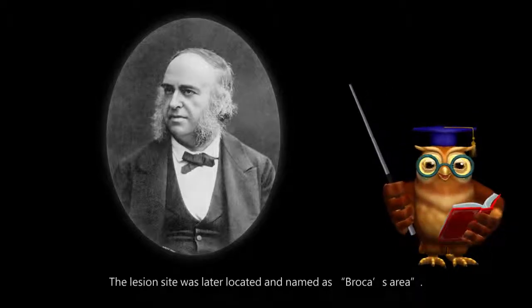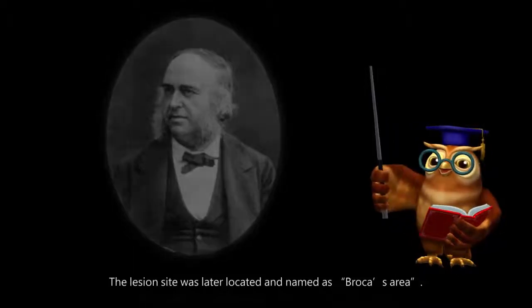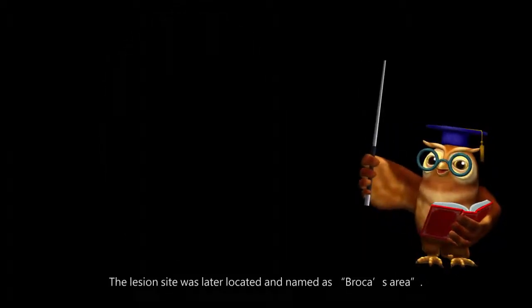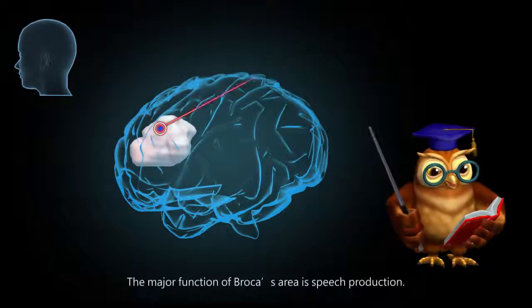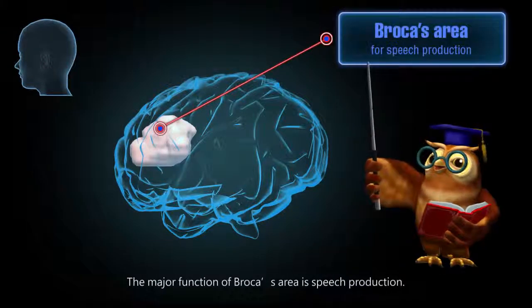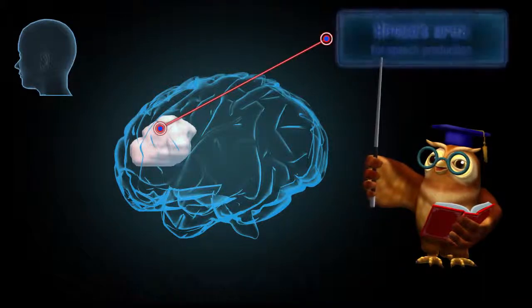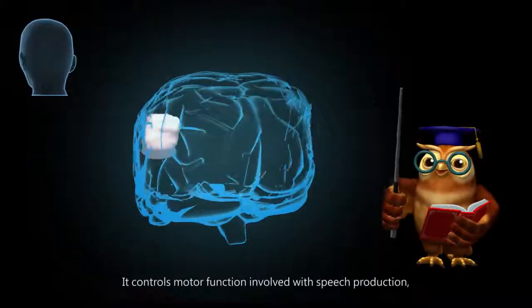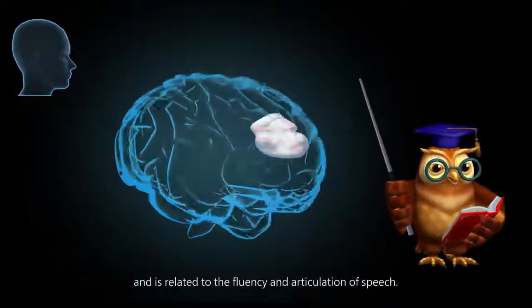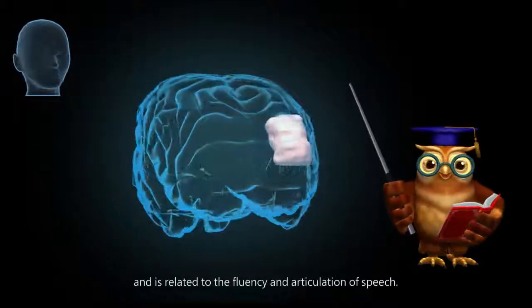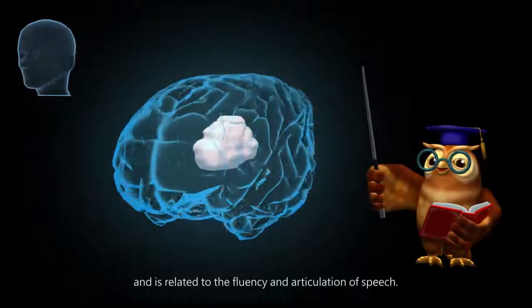The lesion site was later located and named as Broca's area. The major function of Broca's area is speech production. It controls the motor function involved with speech production and is related to the fluency and articulation of speech.